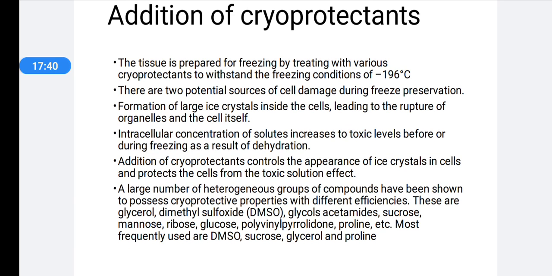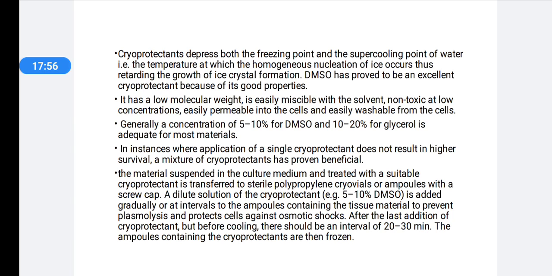There are many cryoprotectants available like glycerol, DMSO, glycol acetamide, sucrose, mannose, ribose, etc. But DMSO, sucrose, glycerol, and proline are the most frequently used. What are cryoprotectants actually doing? They depress the freezing point and the supercooling point of water, that is the temperature at which homogeneous nucleation of ice occurs, and thus retard the growth of ice crystal formation.